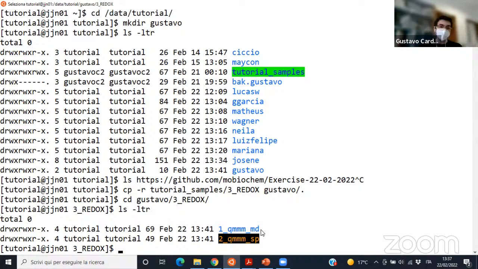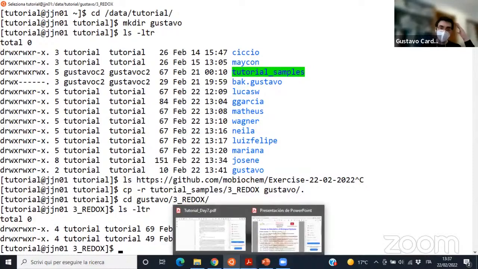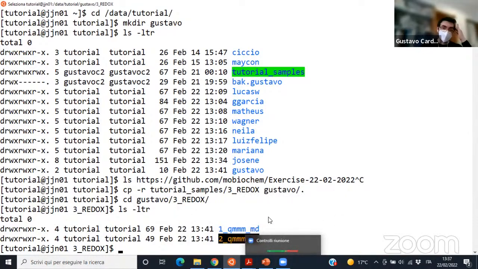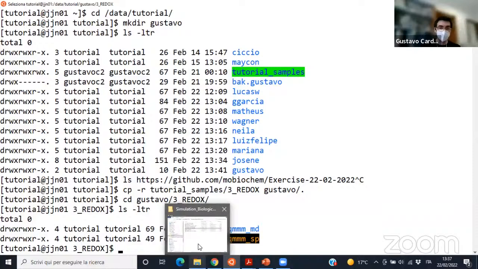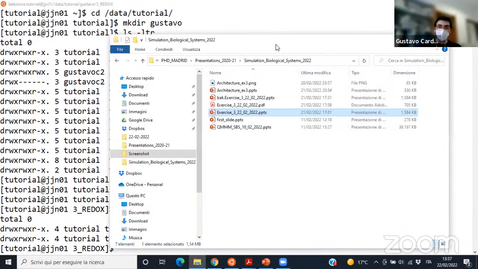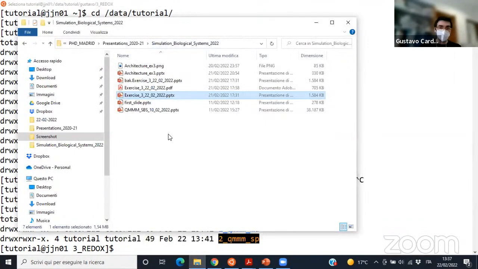Now, before we go to each one of these folders, I know you already have the material, but nonetheless, let's take a look at the architecture of the folders as usual.